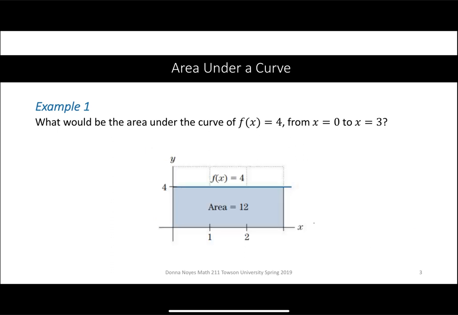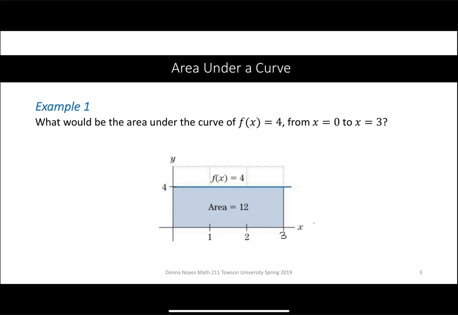And here I gave you a better picture than I can draw, and this is our solution, and it agrees with us. We have an area of this rectangle bounded between y equals 0 and y equals 4, going from x equals 0 to x equals 3. And the area was 12, which is 4 times 3.